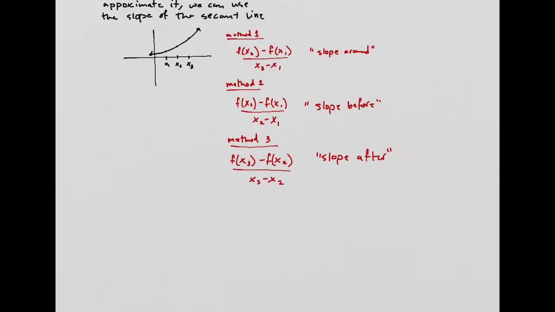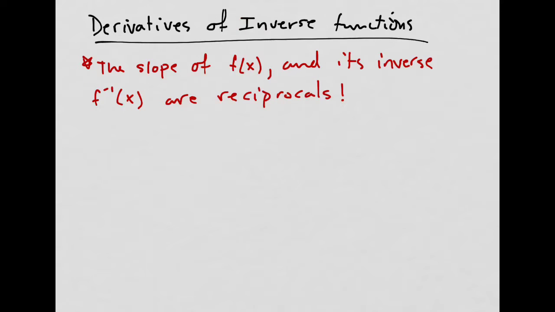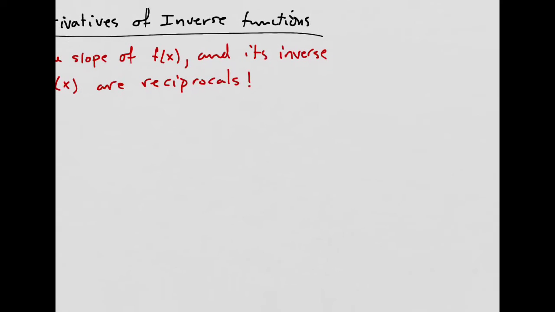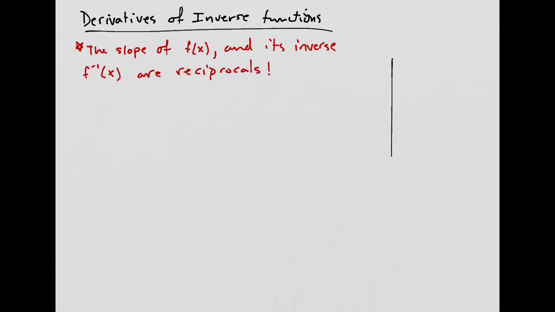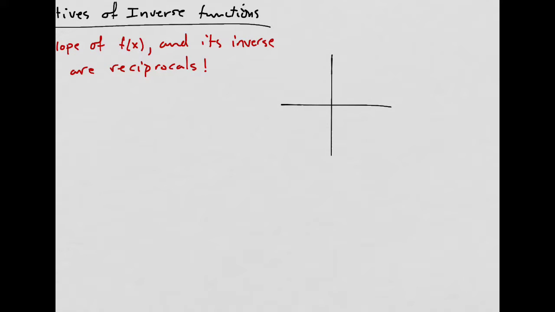Now moving on to inverses. Something very important is the inverse formula, but also to know that the slope of f of x and the slope of its inverse are just reciprocals of one another. Hopefully that makes sense if you remember what an inverse function is. If you have something like this, the inverse is that reflected across the line y equals x.